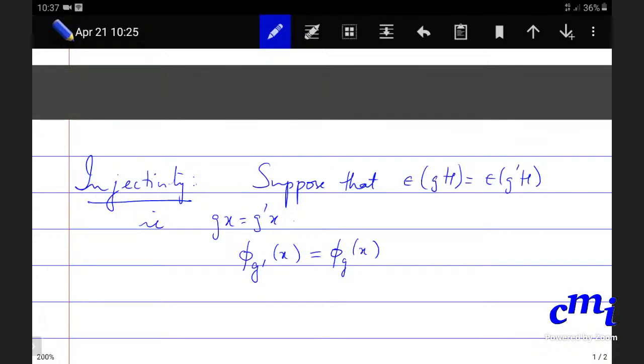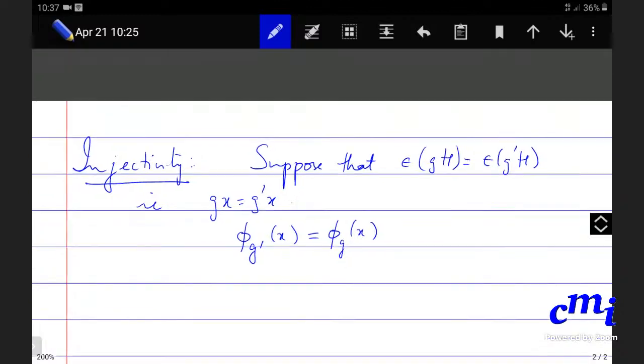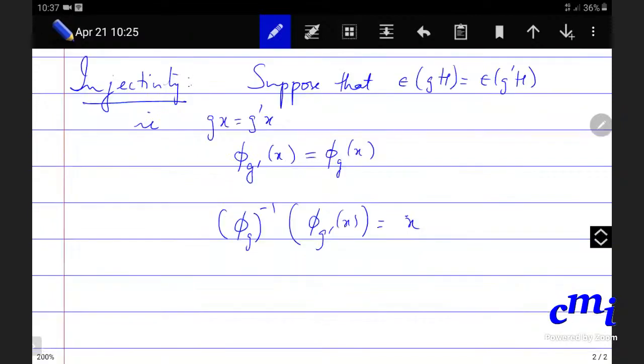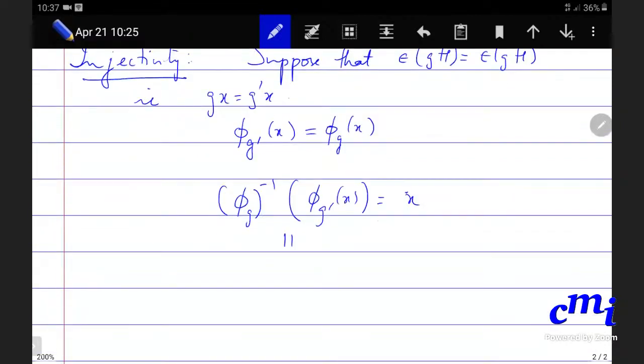So this is what we have. Now let us apply the function phi g inverse. These are bijective functions, so when we take the inverse, we come back to the point where we started from. Phi g inverse is phi of g inverse; this is where the group action is.